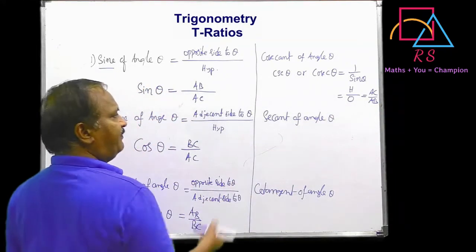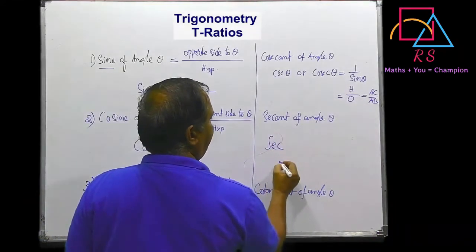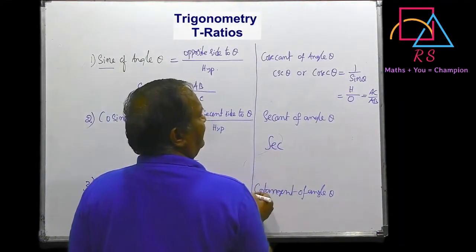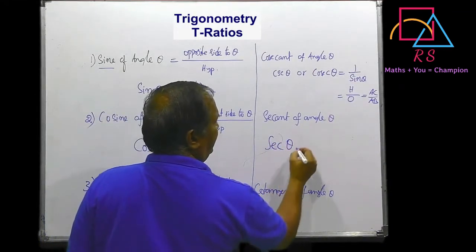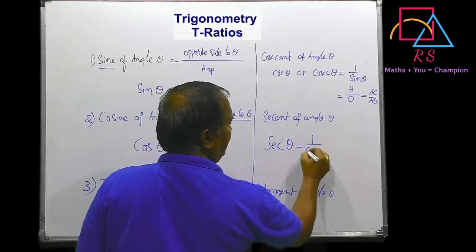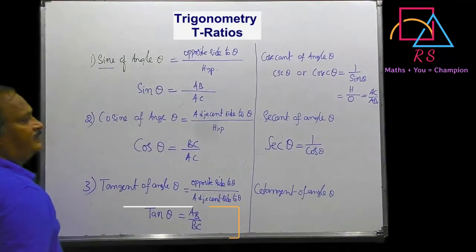Now, in the same way, secant. In short, I will be using SEC, but I pronounce it secant theta. So, secant theta is nothing but 1 upon cos theta, because it is the reciprocal of cos theta.